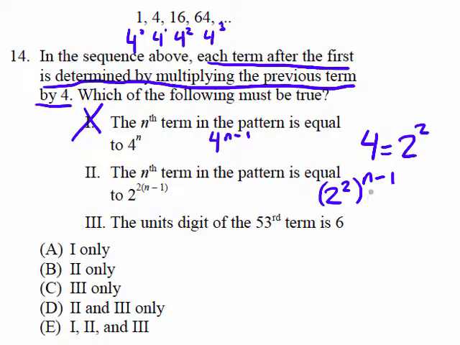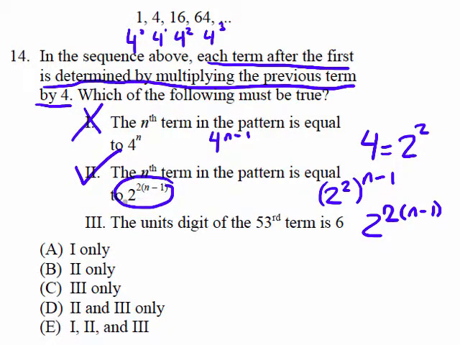And of course, when you have exponents raised to other exponents, you can do a little rearranging. So you multiply the exponents when you raise them to other exponents. So we're going to say that's 2 to the 2 times n minus 1. And looky looky, that's exactly what this is, right? So Roman numeral 2 is true.